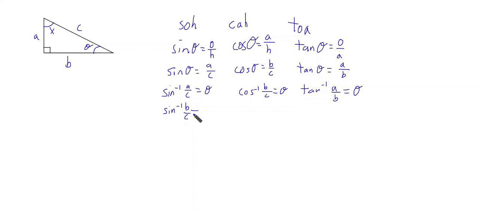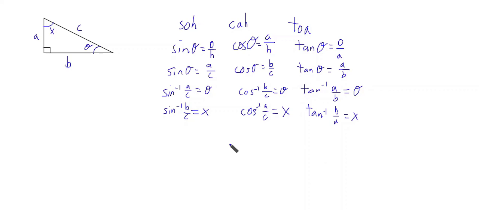So the angle that my calculator will tell me is x. Or we can do the arc cosine of A over C and get x. And last, we can do the arc tangent of B over A and get x.